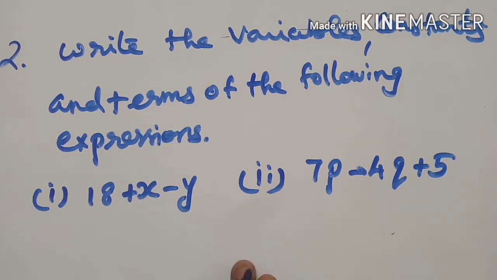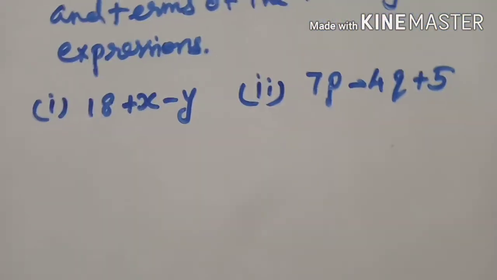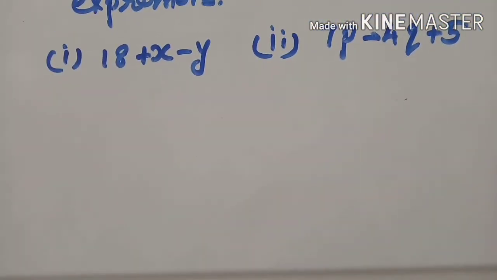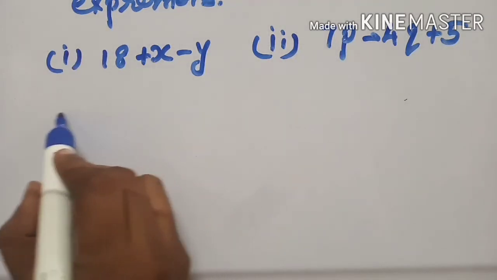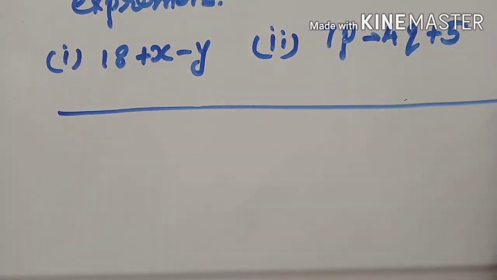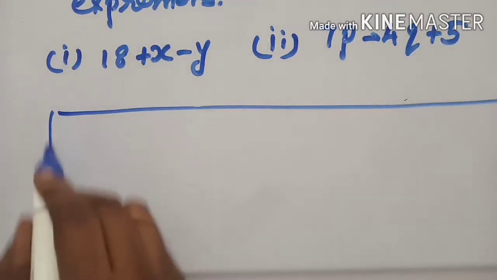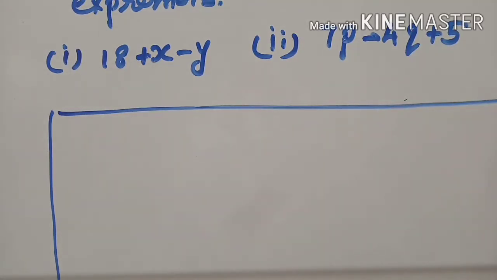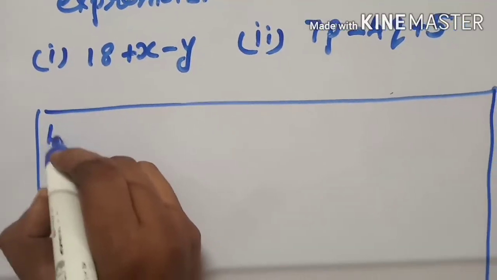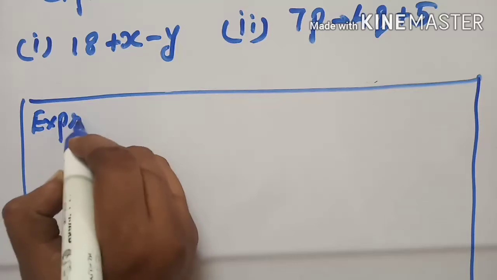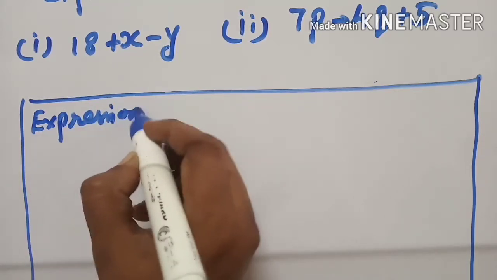Here I am going to do these sums with a tabular column. Draw one tabular column now. In this, you write the first expression.